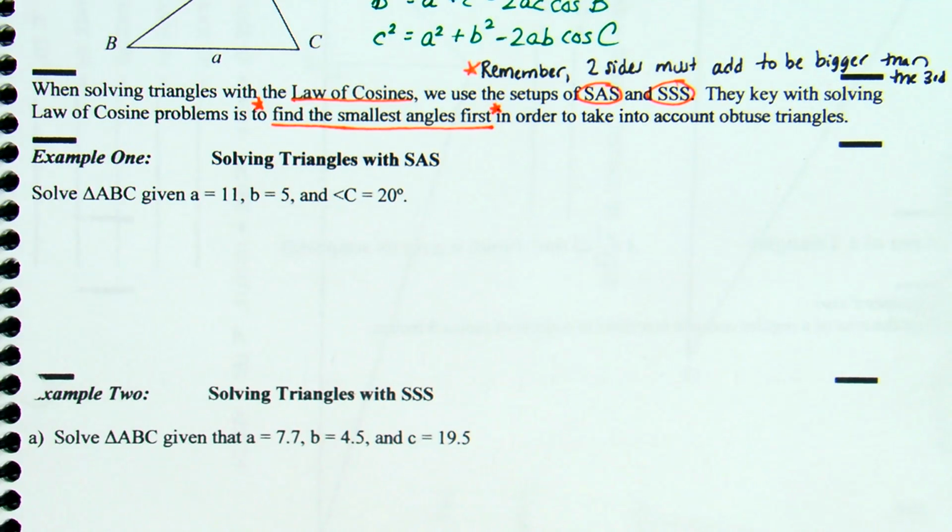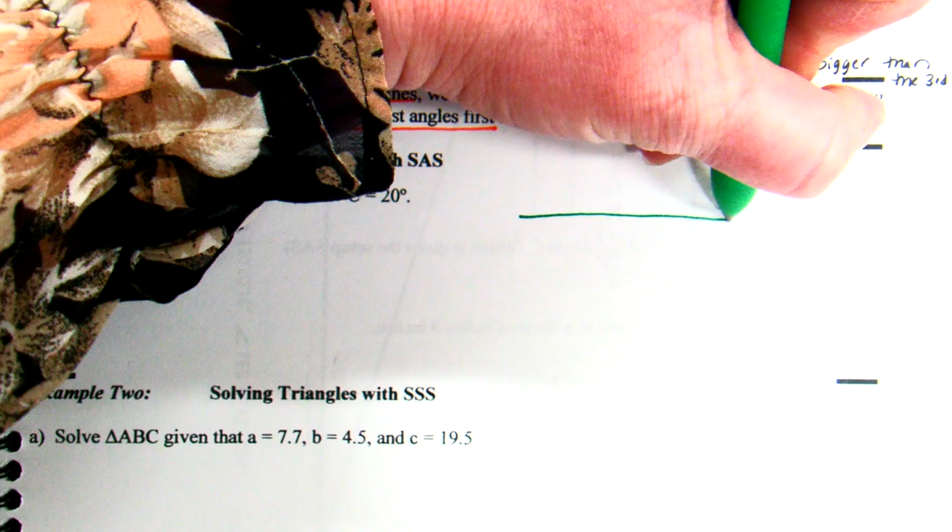This problem right here could not be done with law of sines, because in order for law of sines to work, you have to have an angle and a side that are opposite each other, yes? You have to have a matching pair. I have an A, a B, and a C. I don't have anything matching. So this is why we have to go to law of cosines. You guys want a picture? Yes. Let's do a picture.